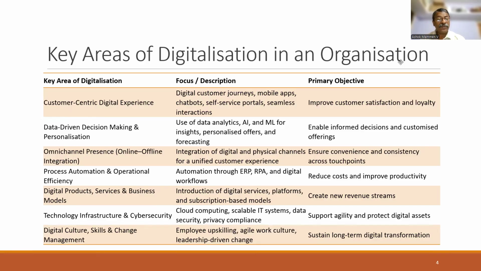And then finally, we talk about the seventh key area, digital culture, skill, and change management. So it all works when people in the organization are able to take the technology or take this new workflow. So what may be required is you may have to upskill the employees. Employees have a lot of concerns. Their anxieties are there. Their stress points are there.